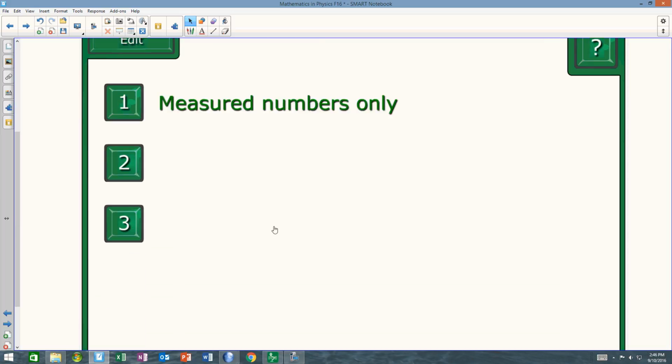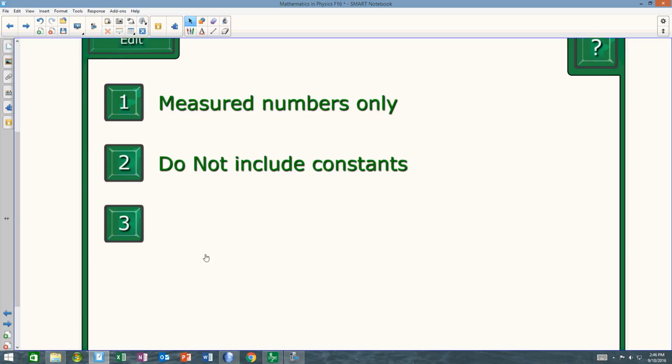So, significant digits are for measured numbers only. If you didn't measure it, or if it hasn't been measured for you, it's not a significant digit. If it's a constant, it's a constant and it wasn't measured. That means you don't have to worry about significant digits when multiplying by constants.